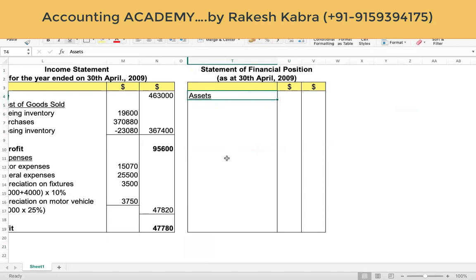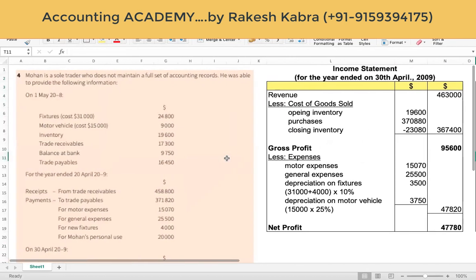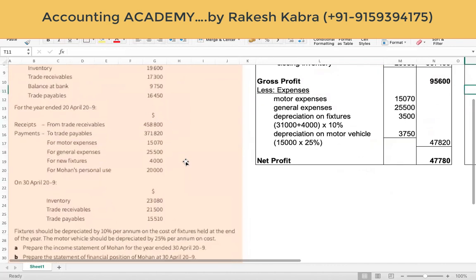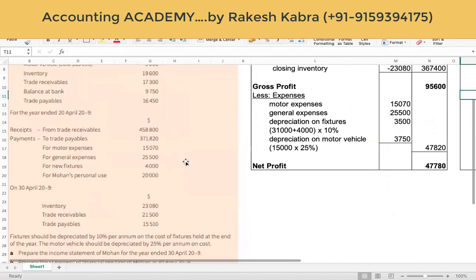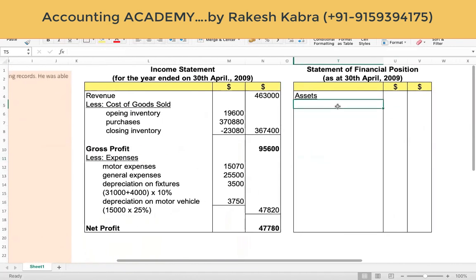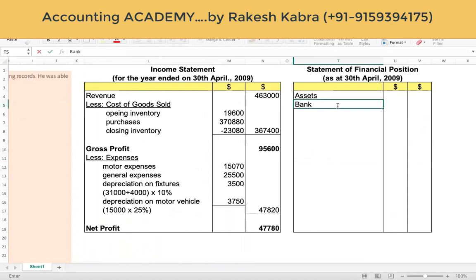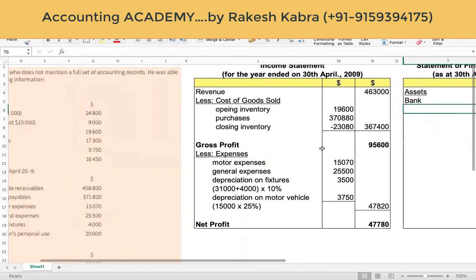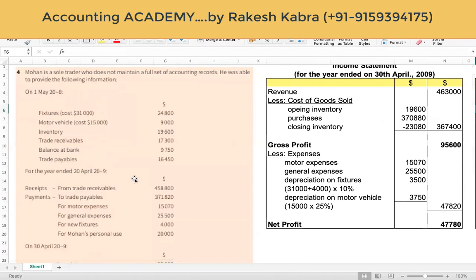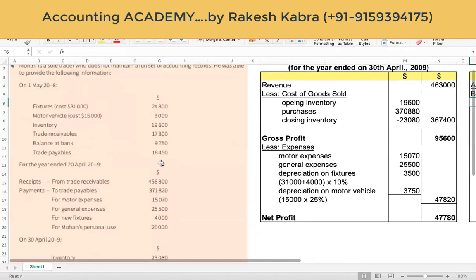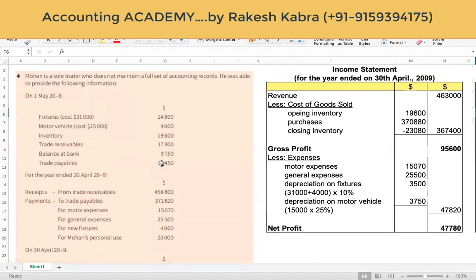First we will take all the current assets. Let's see. So assets on the last date we have what? Bank balance I have to show first. But bank balance is not given. Wait, don't we start with non-current assets first? We can do that also.